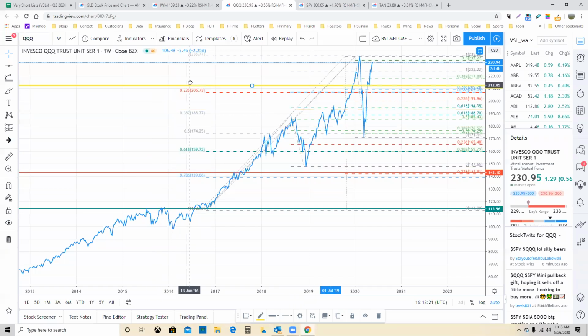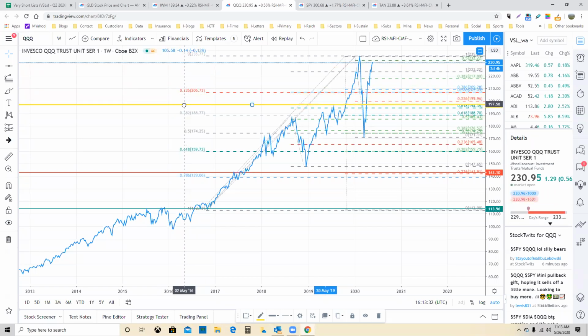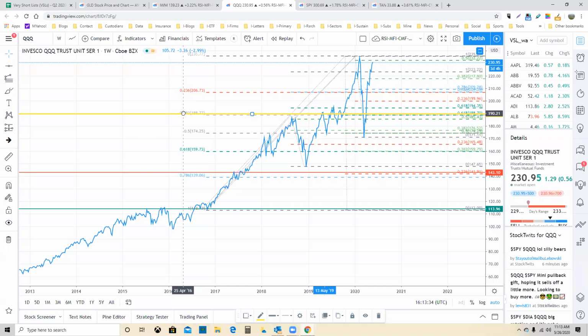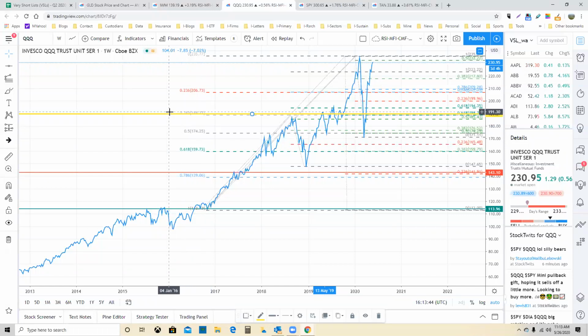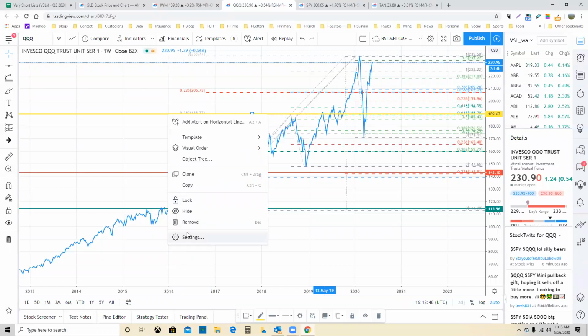There's nothing in there that tells me that it couldn't keep going down once it starts going down. You know, you got some confluence right there. It kind of respects market structure there too, doesn't it?